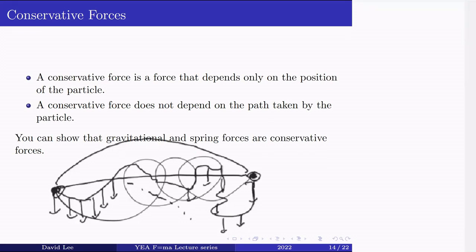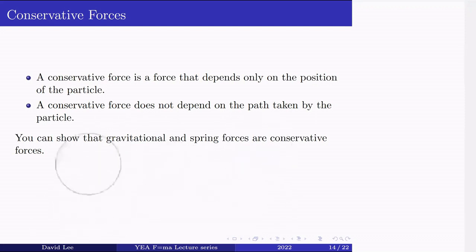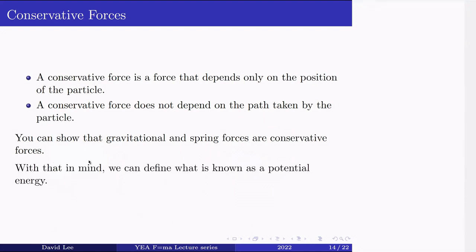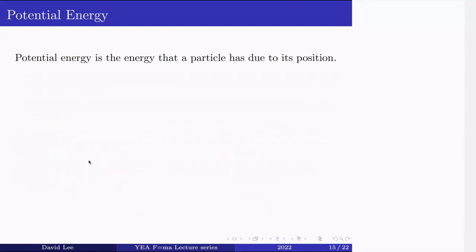And so that leads us to define what we call a potential energy. So potential energy will be some type of energy that a particle has due to its position. What I mean by this is that we can basically define an energy for each position. So going back to our gravity example, let's say we have a block here.